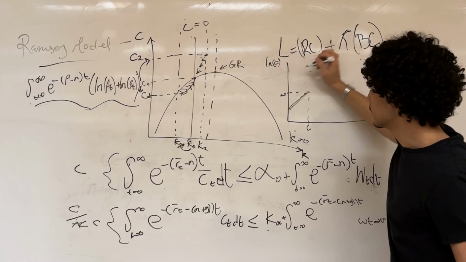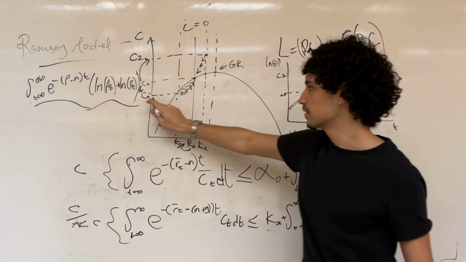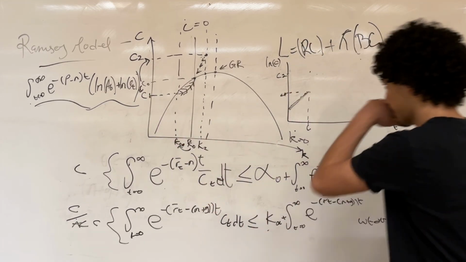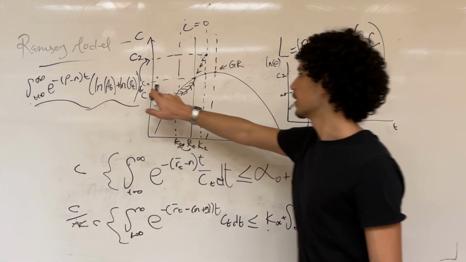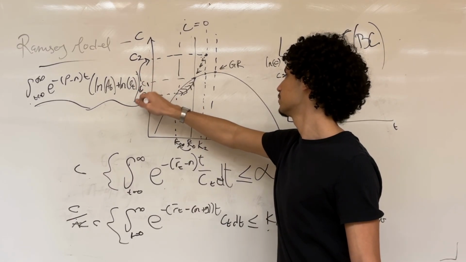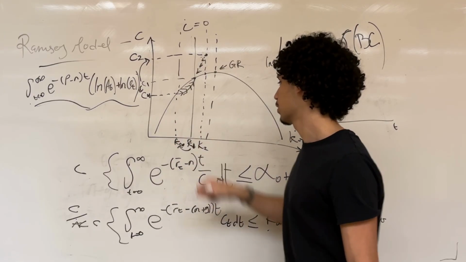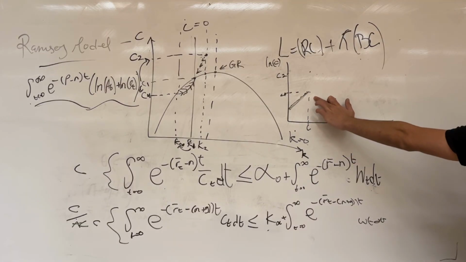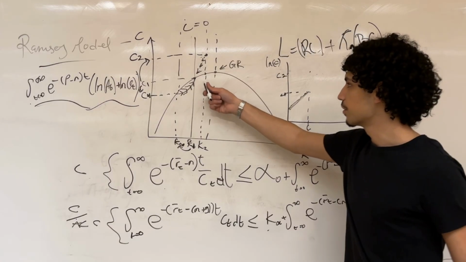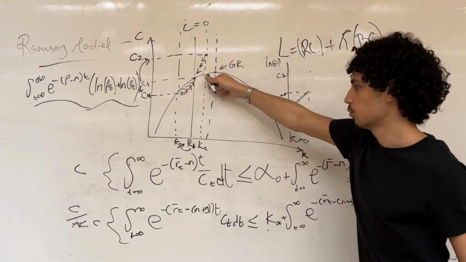So this is C0, this is C2, and this is C1. Let's just call this 1 and this 0. This is where we were with this. This is where we are right now.